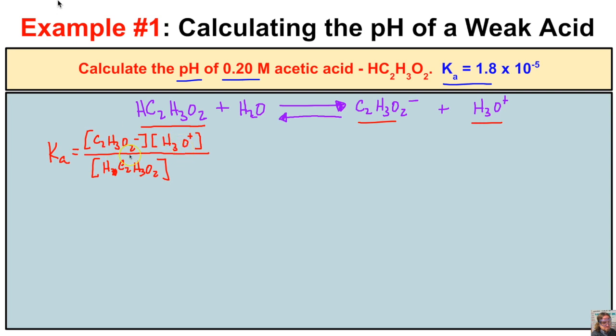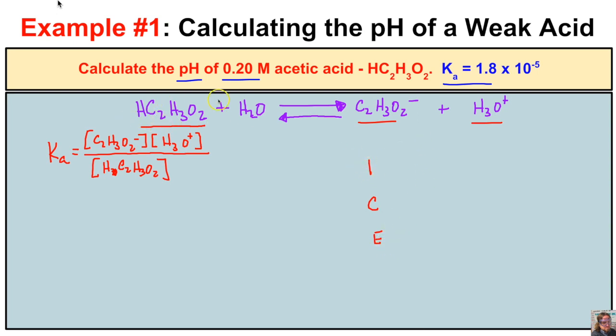Now we need to figure out the concentrations of each of these ions, and the way we can do that is by setting up an ICE chart. ICE stands for initial concentration, change in concentration, and equilibrium concentration.